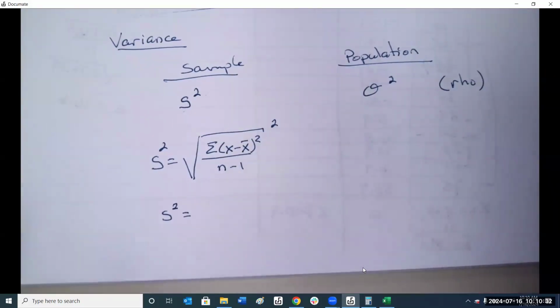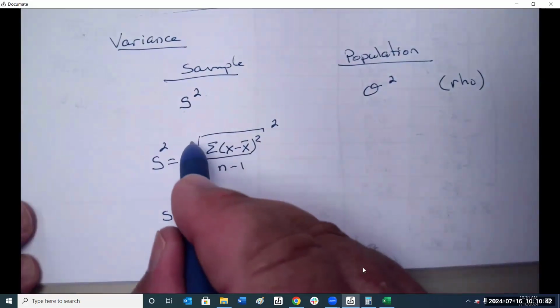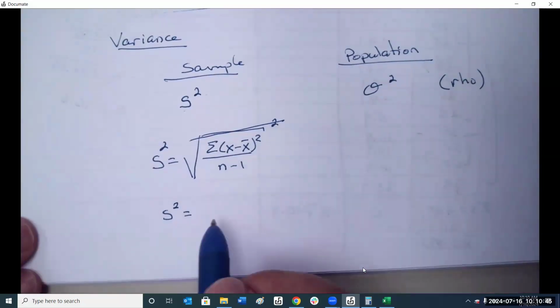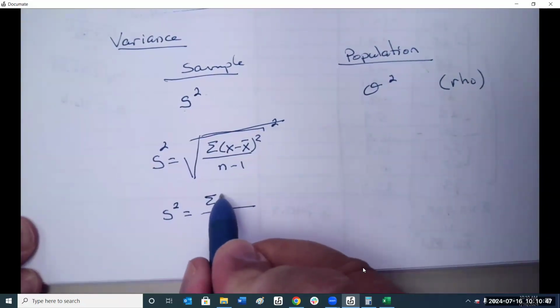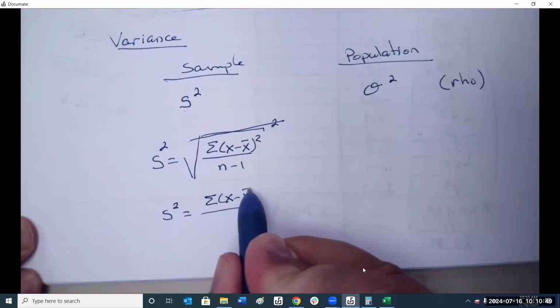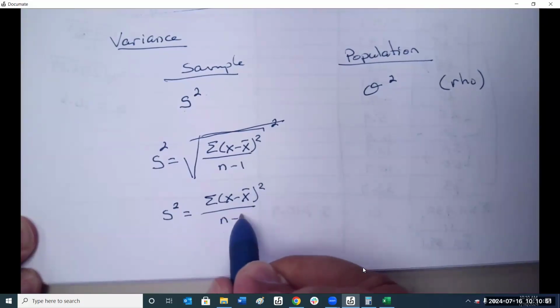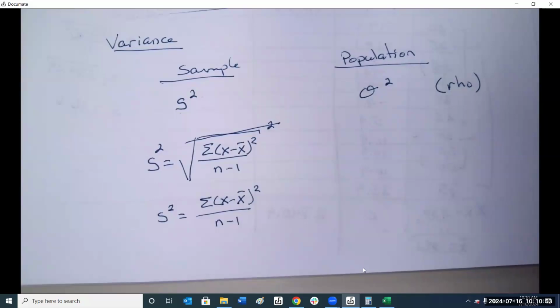When you square it, what happens to it? What happens to the square root? No, the square root and the square cancel each other out. They're inverses, they're opposites of each other. There's your variance.